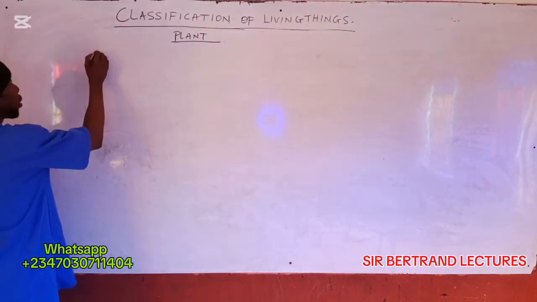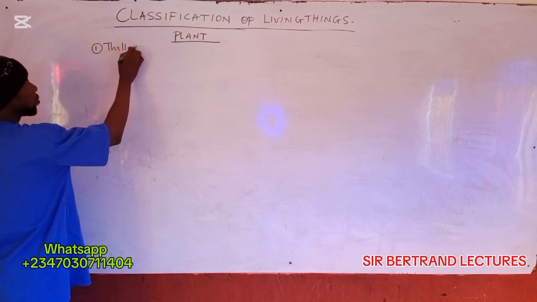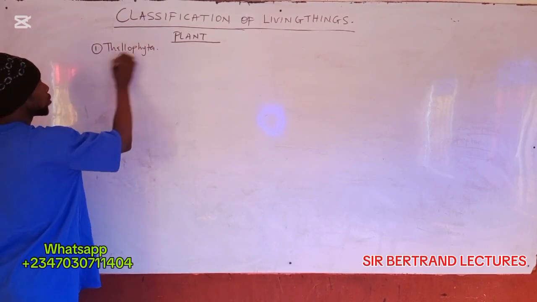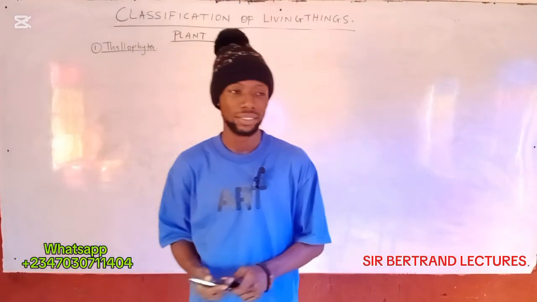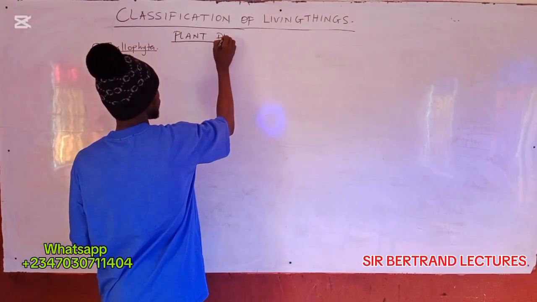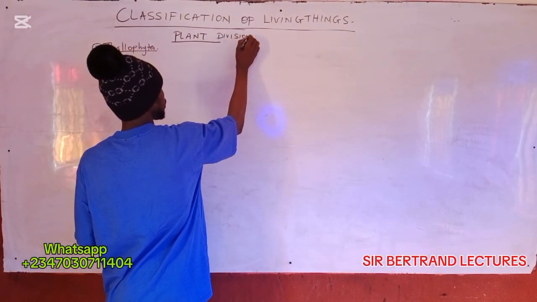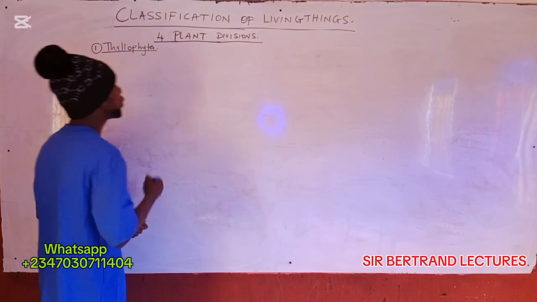Number one is Thallophyta. What are the features of Thallophytas? We have four plant divisions.